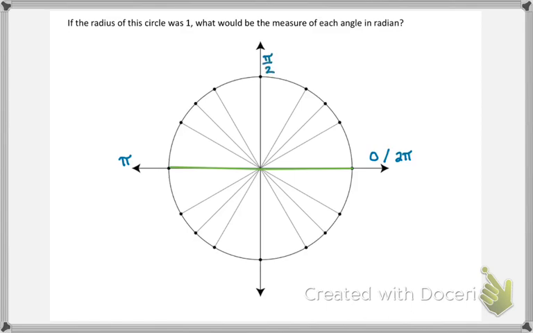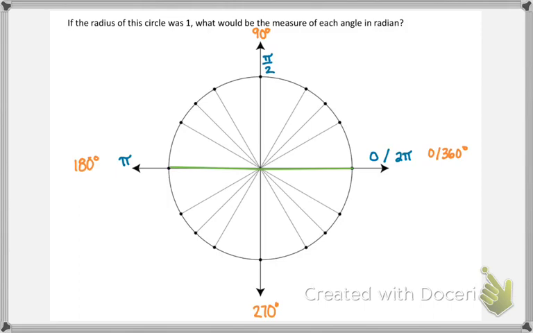Let me put the degrees in orange here just so you can see it. 360 degrees, here's 90 degrees, here's 180 degrees, and then down here is 270 degrees. And then based off of that, we can divide up the rest of this circle into different angles.